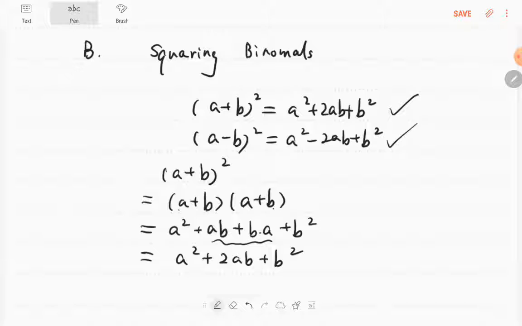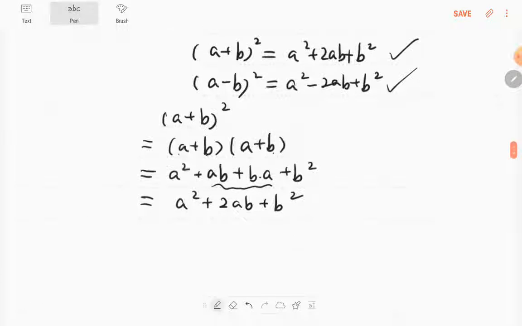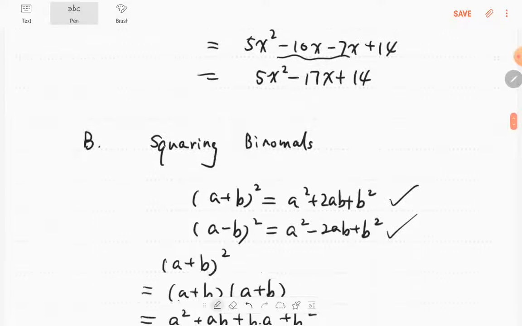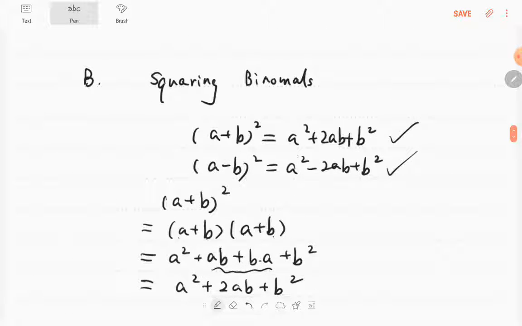So here, we could memorize this special formula. Then you do not have to use the FOIL method for this kind of situation. If you have the squaring binomials, you can directly use the special formula. Okay.